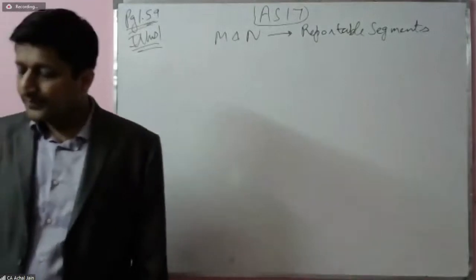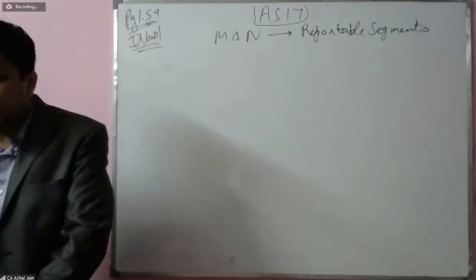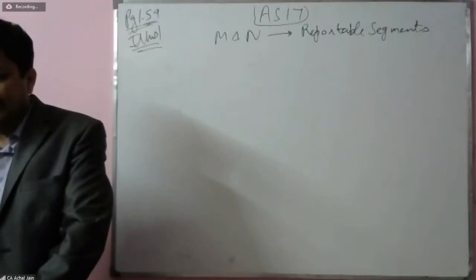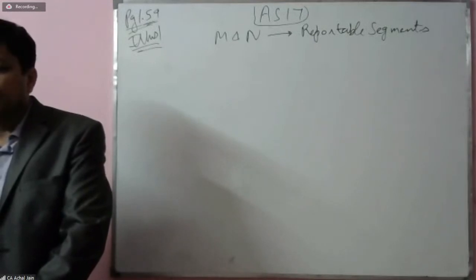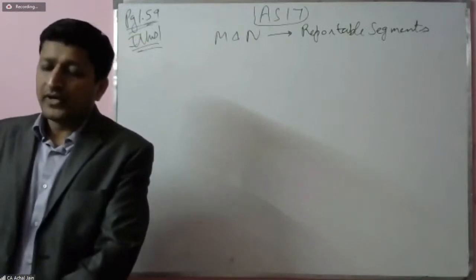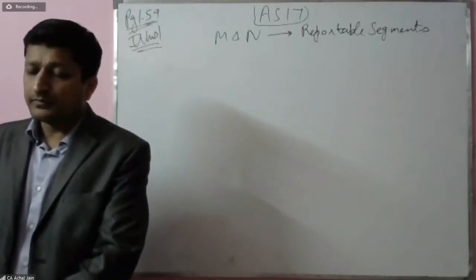Over to you quickly. You need to tell me out of these 6 segments, which segments are reported. Tell me. Waiting for a response now. Out of these segments, which segments are reportable?